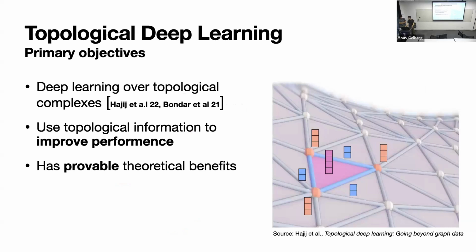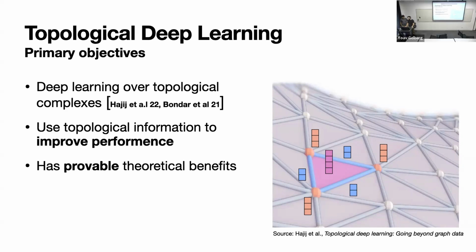Okay, and now topological deep learning aims to apply deep learning to topological objects. And it has various goals. The first is to be able to capture more diverse data types that are topological and not necessarily just graphs.